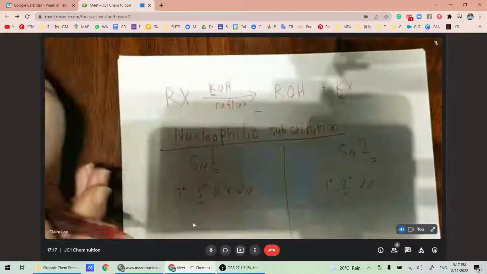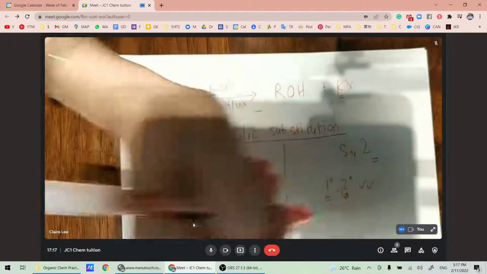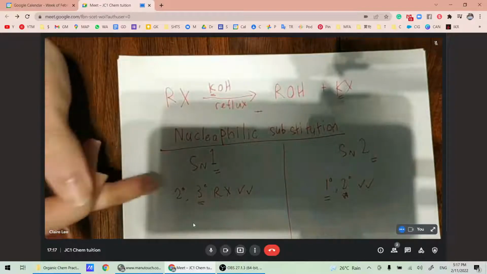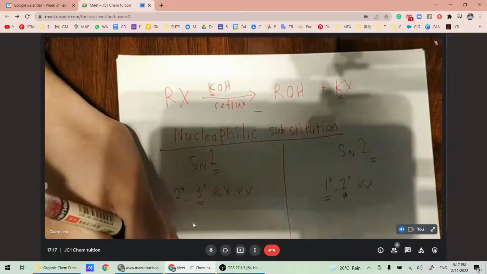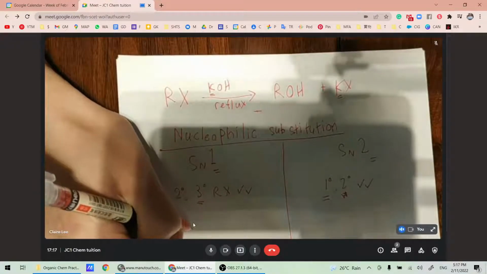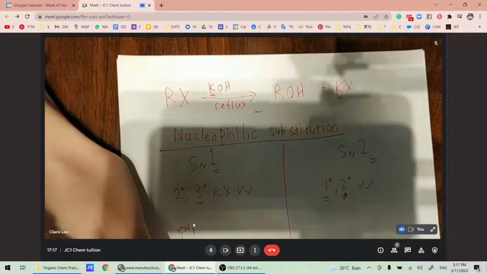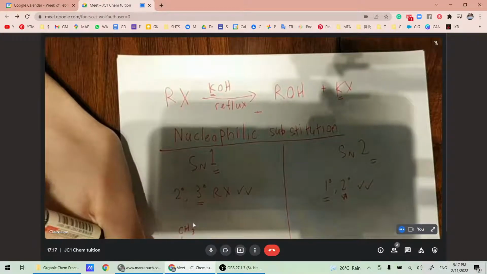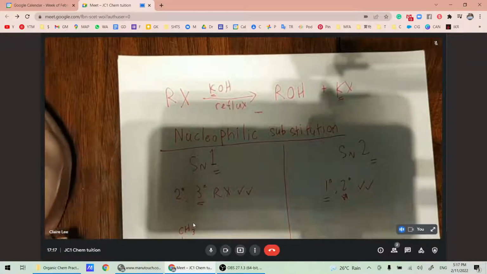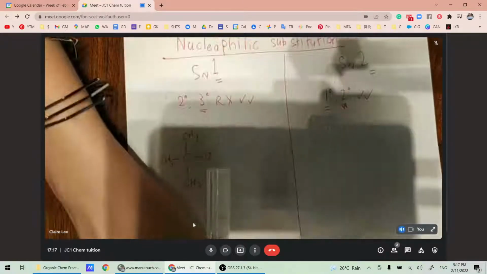Actually, you see, this is 3 and this is 2, so right, 1. Tertiary undergo SN1, primary undergo SN2, and secondary undergo both. It's kind of a mixture, a certain percentage of SN1 and a certain percentage of SN2, depending on the structure of the secondary.